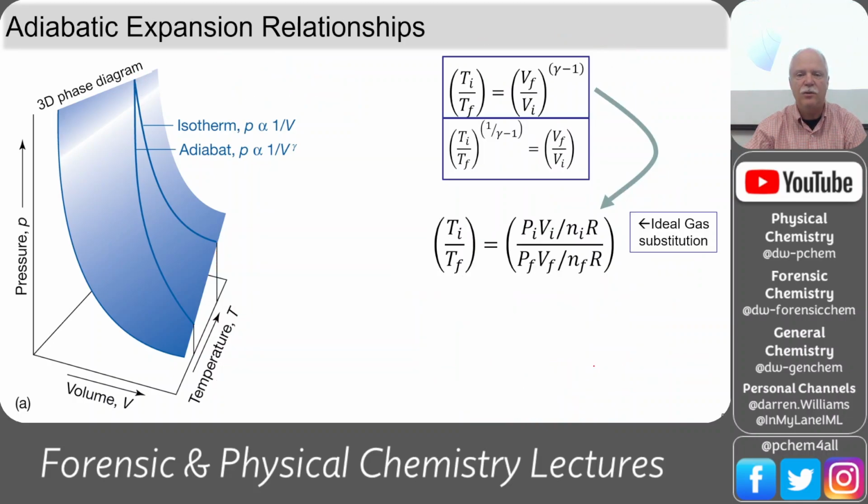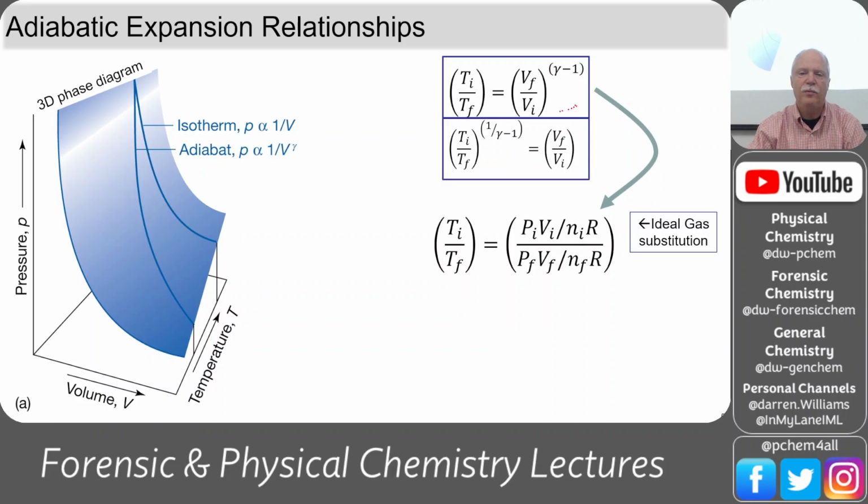So we have the temperature-volume one. If I wanted to swap that around and put the exponents on the other side, I just invert the exponent. So that's the temperature ratio, and it's 1 over gamma minus 1, and then I've got the volumes here.